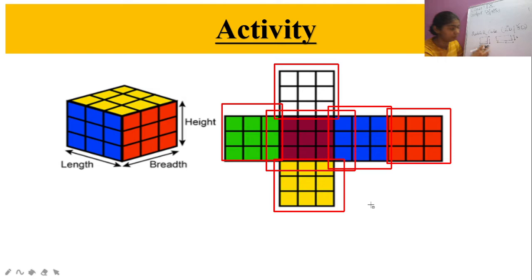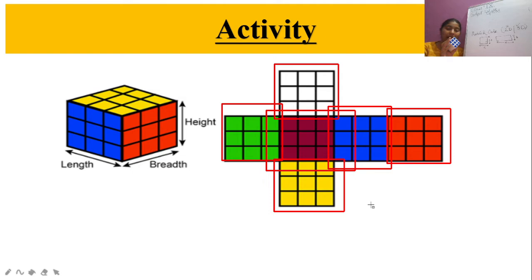So we are going to discuss what happens if I want to paint this whole Rubik's cube with a single color. Let's consider black. I want to color all 6 faces of the Rubik's cube with black. So how much paint do I require to paint all 6 faces of the Rubik's cube, students?